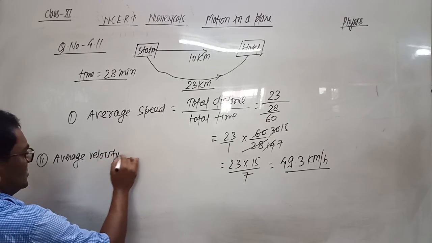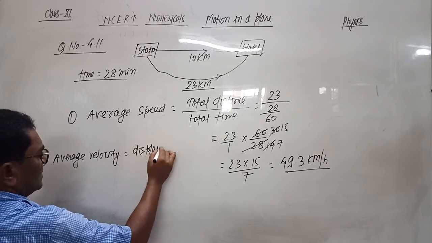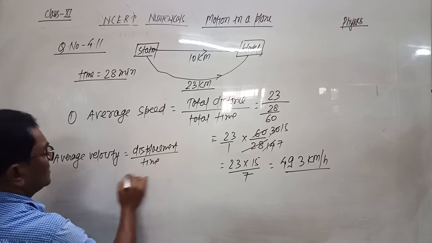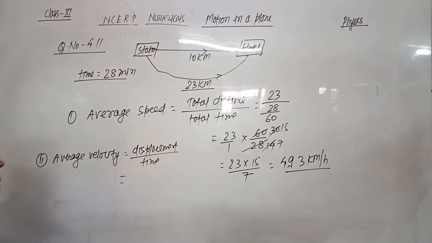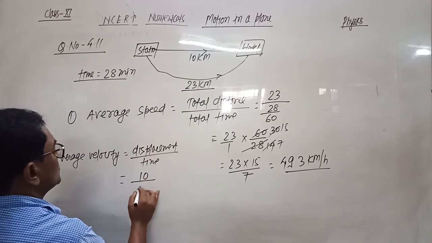Average velocity equals total displacement upon time taken. The displacement was 10 kilometers on a straight path. The shortest distance between two positions is called displacement, and the time taken is 28 minutes.